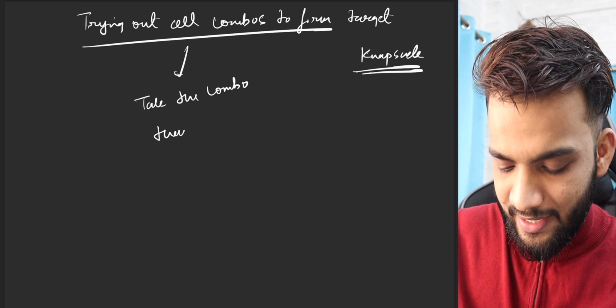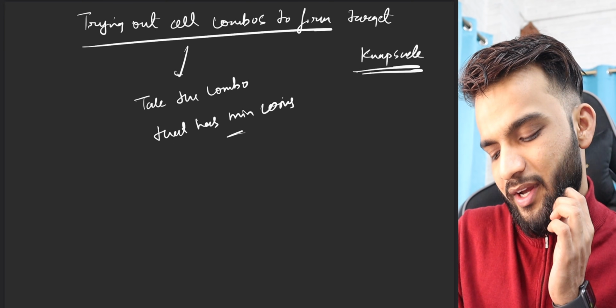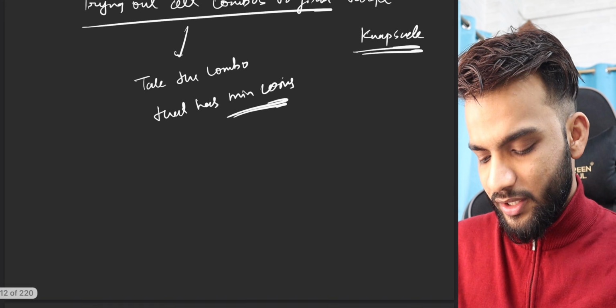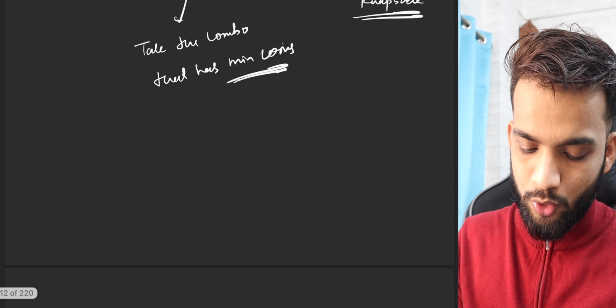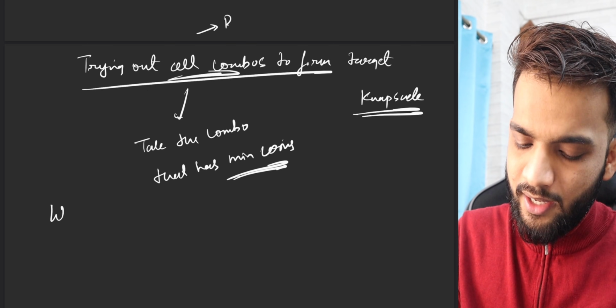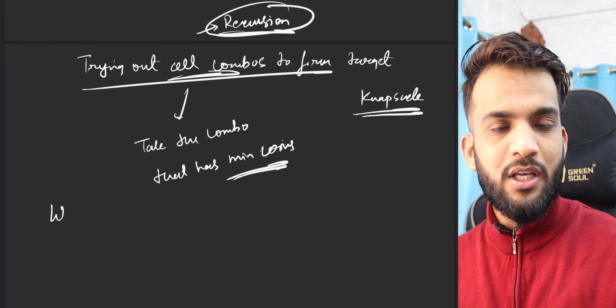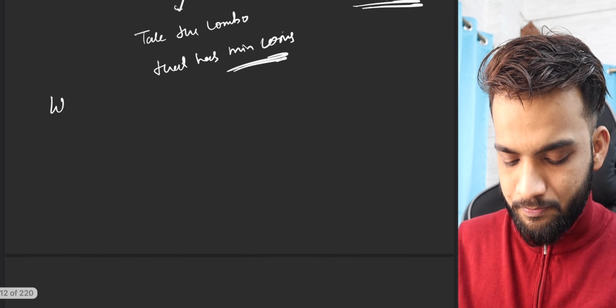So the problem is to figure out minimum coins. So what is the rule? What is the standard rule to write the recurrence? And how do you try out all combos? There's only one way. That is if you write the recurrence or recursion, and then you can think of DP, tabulation, and everything.